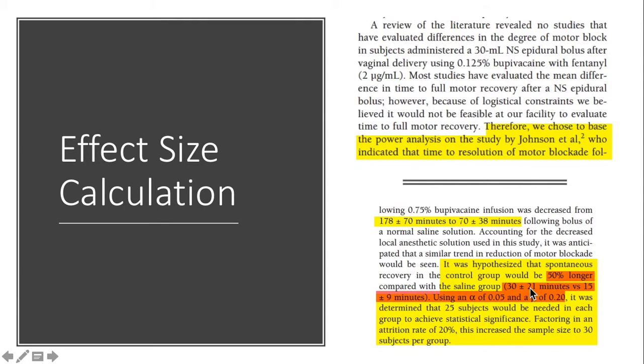You can see the standard deviation of 21 minutes and standard deviation of 9. Our alpha error was at 0.05, and beta error was at 0.2, or 20%. Based on our sample size calculation, we determined that 25 would be needed in each group to achieve statistical significance, meaning a p less than 0.05. We added in a 20% attrition, and we came up with a sample size of 30 per group.